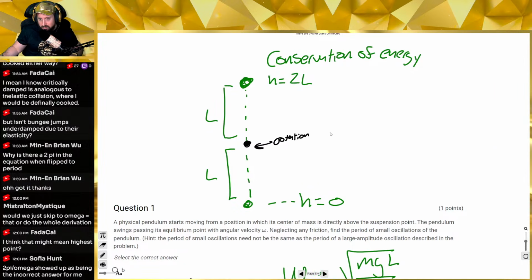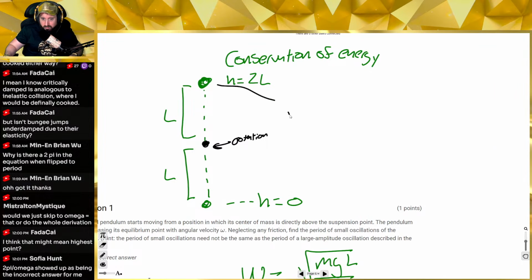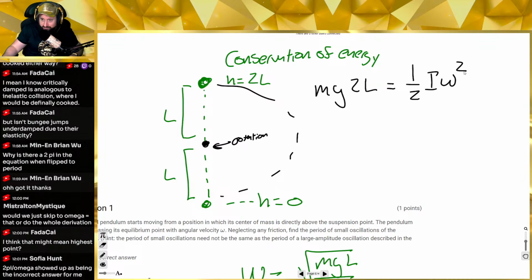So then energy before is just going to be mg times 2L, right? This is mgh. And once the thing is down here and swinging, your potential energy due to gravity is 0, because your height is 0. But you do have rotational kinetic energy, which is equal to 1/2 I omega squared.